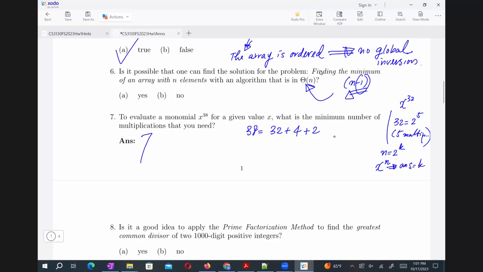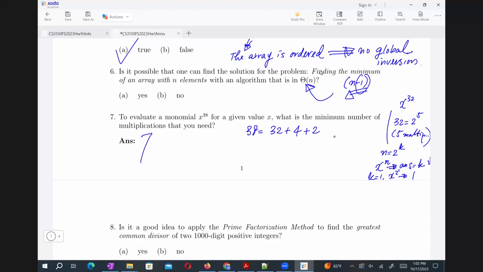Why? Because when k equals 1, n equals 2, x squared, you need 1 multiplication. Look at the exponent: x squared is 2 to the first, then 2 squared, 2 cubed, and so on. So you get 2 to the k.